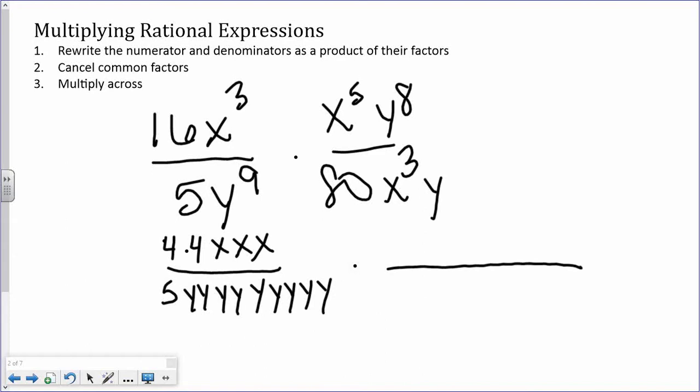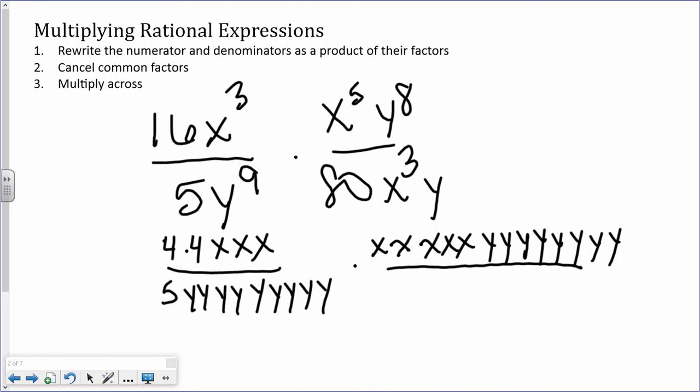So my right side fraction, I have x to the 5th, which is x times itself 5 times, and y to the 8th, which would be y times itself 8 times. And my denominator, 80. I have a lot of different options here with the 80, because 80 does have a lot of different factors. You'll see that I have two 4s in the top left corner here.